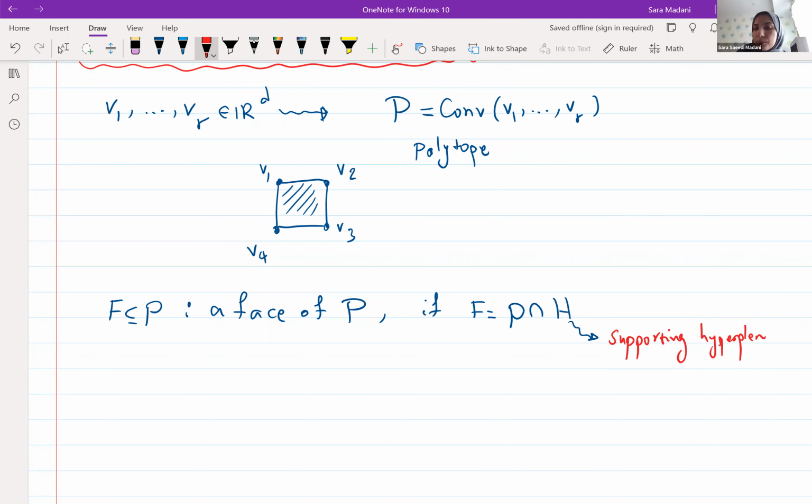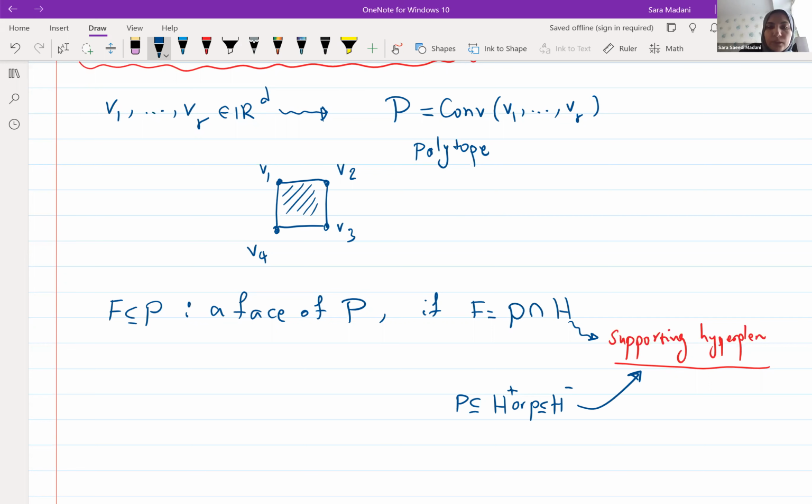By supporting hyperplane, we mean that we have a hyperplane H. We know that any hyperplane divides the space into half spaces, right? And then we just name them as H plus and H minus. It doesn't matter. This is just a notation. And if my polytope, the whole polytope, lies inside either of them, then we say that this hyperplane is a supporting hyperplane.